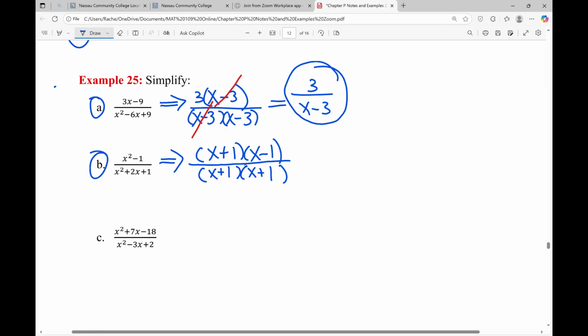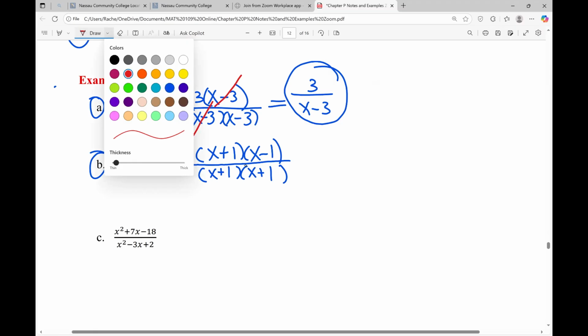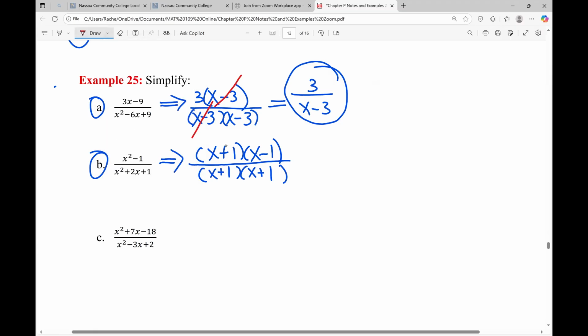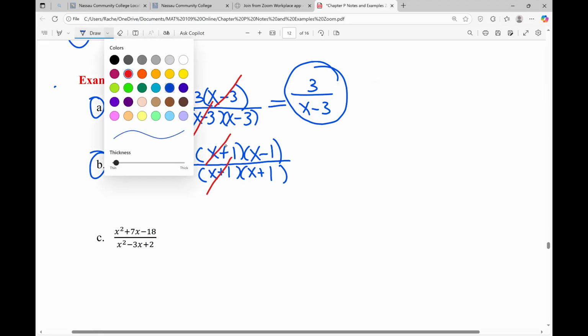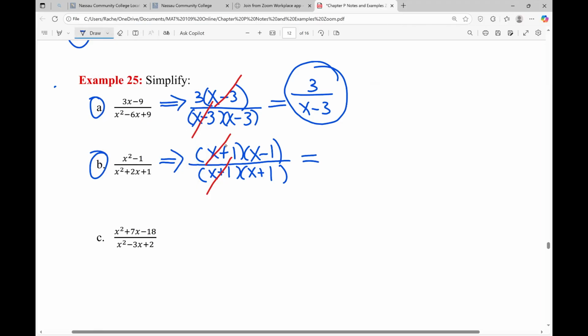And now I could reduce by my common factor, right? So we see that I have an x plus 1 over an x plus 1. That reduces to 1. And what's left, right? So we have an x minus 1 in the numerator and an x plus 1 in the denominator. So that rational expression simplifies to x minus 1 over x plus 1.